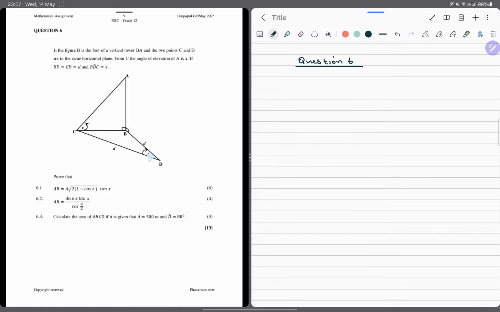Now, cos of z is this angle, so it means we've got a cosine rule applied for this triangle. But then how did we end up with AB? We can see that triangle ABC has a common side BC with triangle BCD. Can you see? So this means we need to find the common side BC, and we are going to use the cosine rule from this triangle.